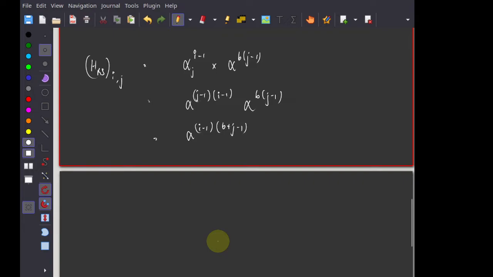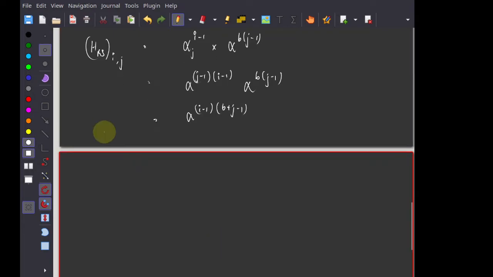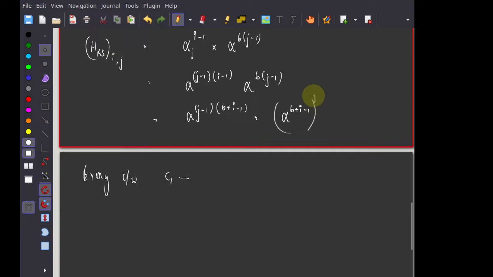Now, what does every code word have to satisfy? Every code word must satisfy alpha raised to i minus 1 times b plus j minus 1. Okay, so in other words, you can write this as alpha raised to b plus i minus 1, whole raised to j minus 1.